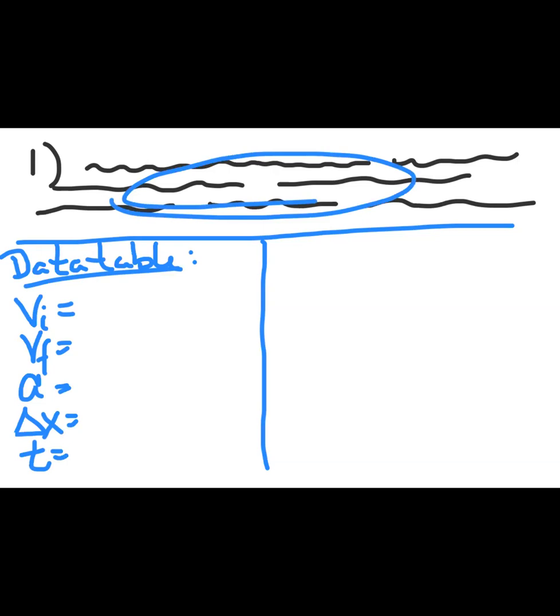So for instance, you noticed in the reading that it said we start this problem at rest. And so you'll start with an initial velocity of 0 meters per second. They tell you that you have an acceleration of 2.8 meters per second squared. They'll tell you that you spent an amount of time. This took 7 seconds.